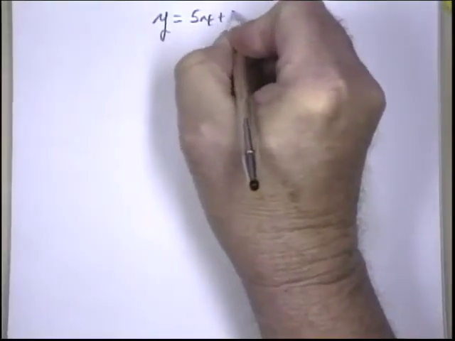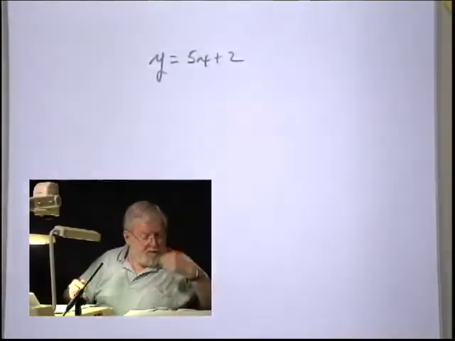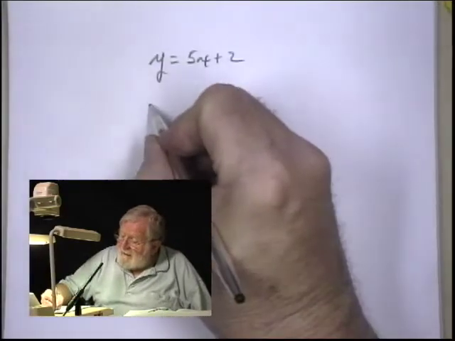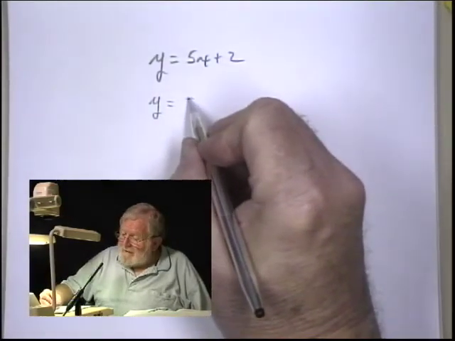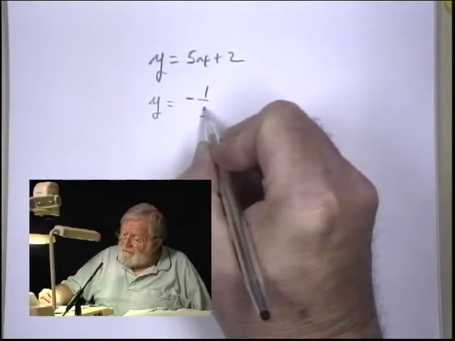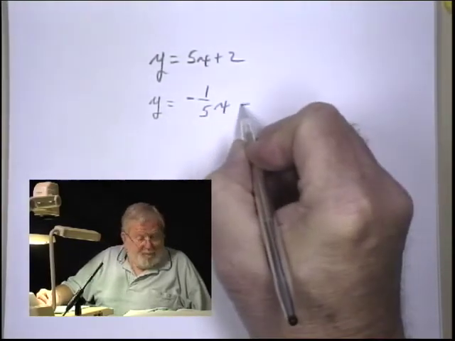Let's do a problem, example 9 in your text. It asks us, on the same set of coordinate axes, sketch the graphs y = 5x + 2 and y = -1/5 x - 4.